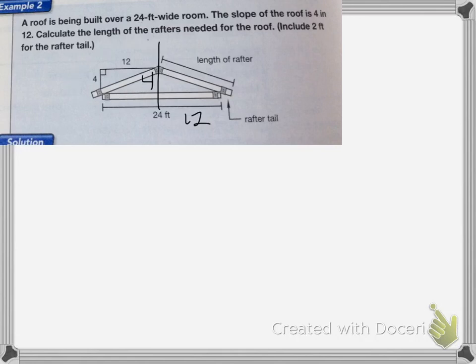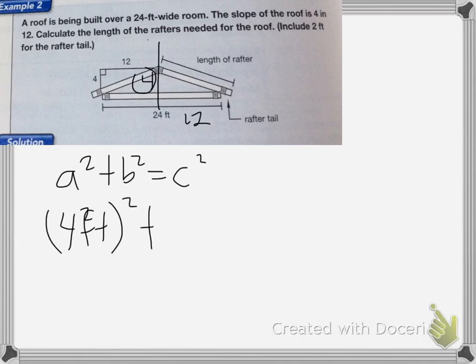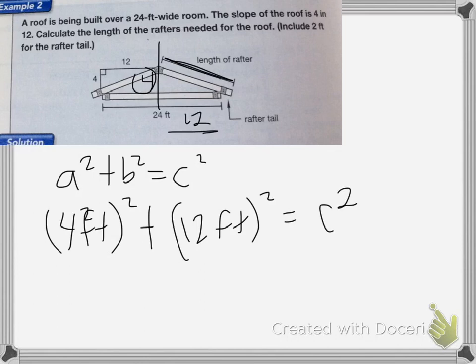Okay? So we're going to use the Pythagorean theorem to calculate the hypotenuse. So remember, the Pythagorean theorem is a squared plus b squared equals c squared. Well, a, we're going to have that be my height, which is 4. So 4 feet squared, plus my base, which is 12 feet squared, will equal the length of the rafter here, the hypotenuse, c squared.